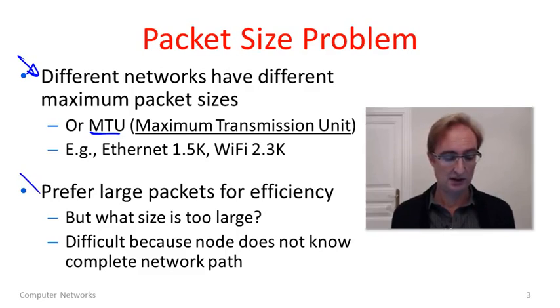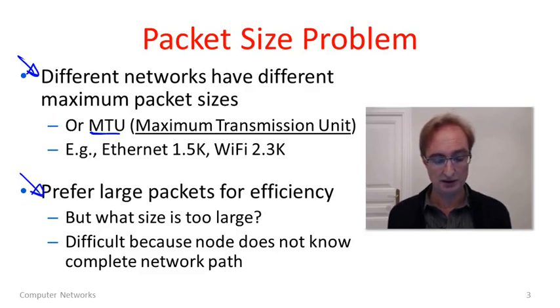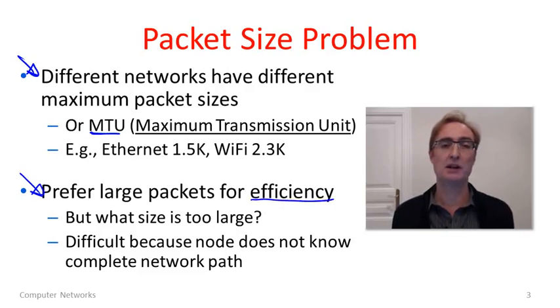Now the problem arises because not only do different networks carry different packet sizes, but we would like to send packets that are as large as will fit through the network. The reason for this is efficiency. If we send large packets, we'll spend fewer bits sending those headers, and routers will also have to process fewer packets to get the same amount of information through.